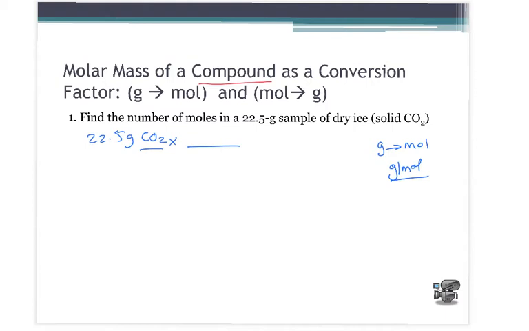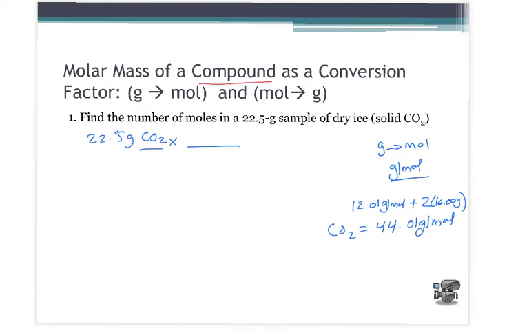And we've learned how to calculate the formula mass by adding 12.01 grams per mole of carbon plus 2 times 16.00 grams of oxygen. And this gives us about 44.01 grams per mole for the carbon dioxide compound.